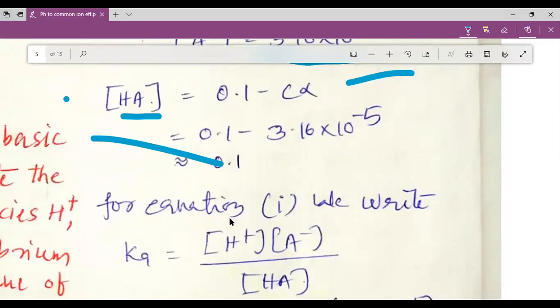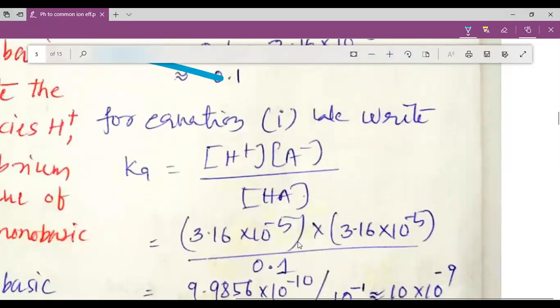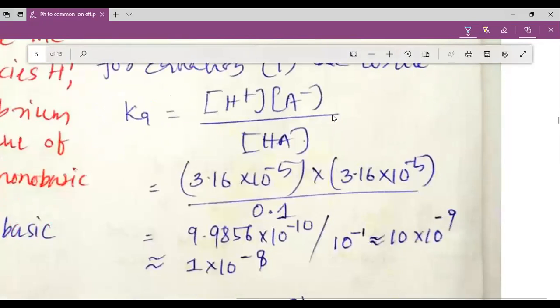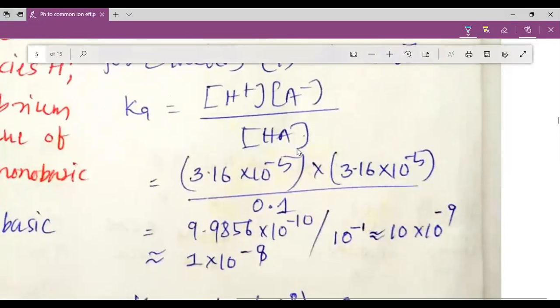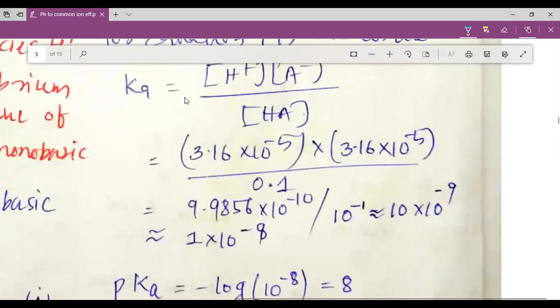Now we want to calculate the Ka. So we know that Ka for any equation is equal to the product of products divided by the concentration of the reactant. So we will write concentration of H plus multiplied by concentration of A minus divided by HA. That is, we put the value of this concentration.